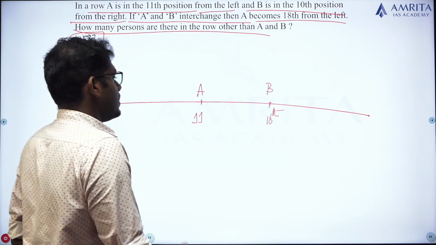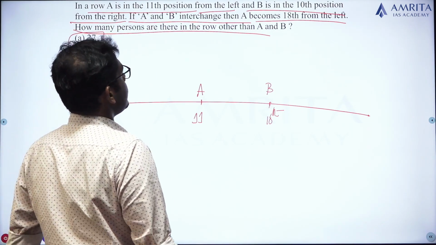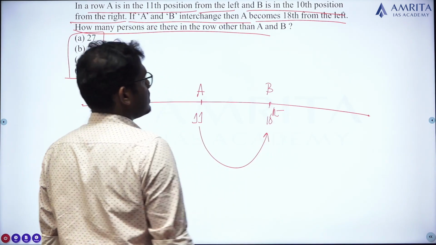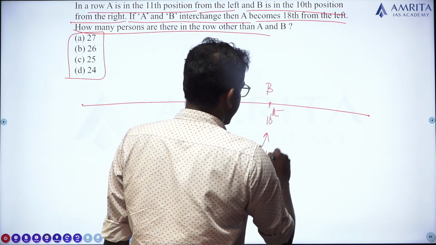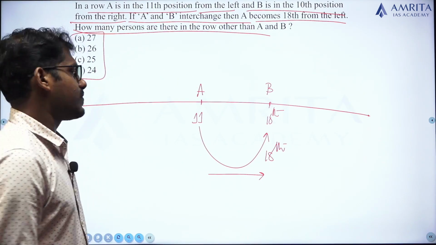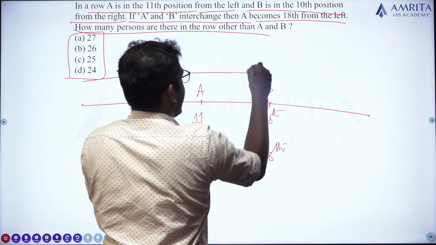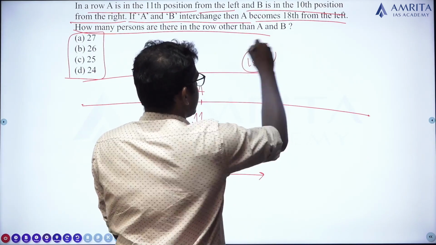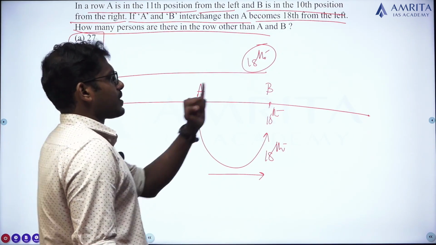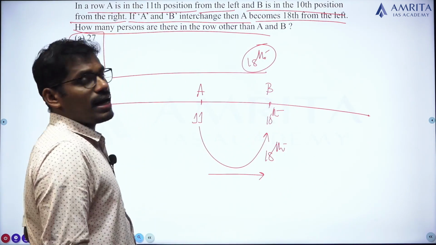Clear? Okay, fine. So the question says, if A and B interchange, then A becomes 18th from the left. Which means that the current position of B is 18th from the left. 18th from the left and 10th from the right.